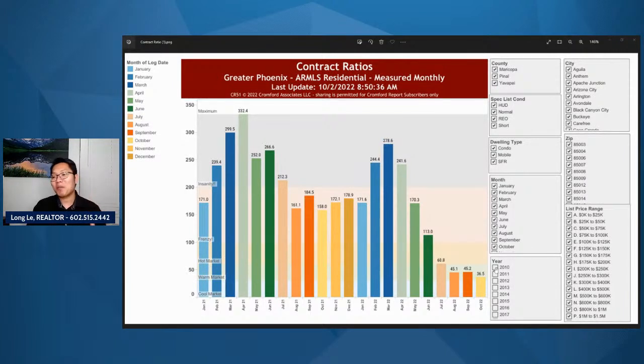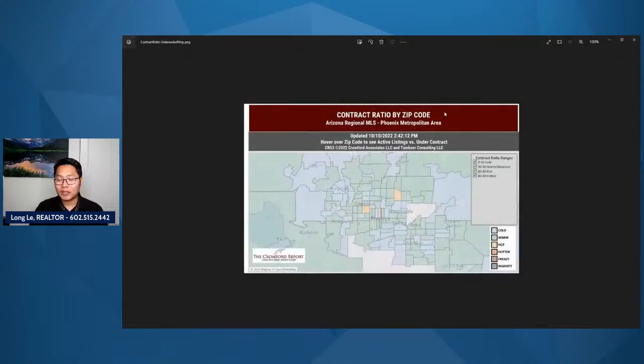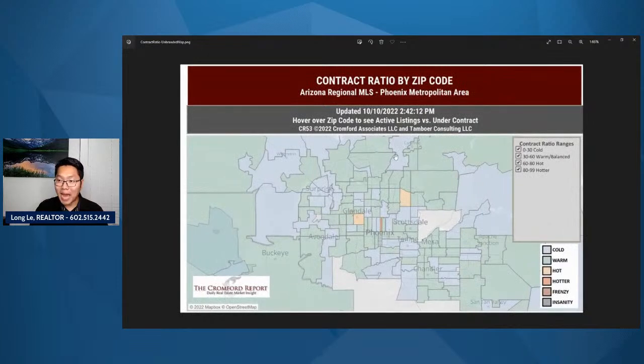One thing to remember: these numbers represent the entire Greater Phoenix area, with all the cities within that area. That is one number right there. In fact, if you look at the more detailed map of the contract ratio by zip code, the legend is on the right corner.